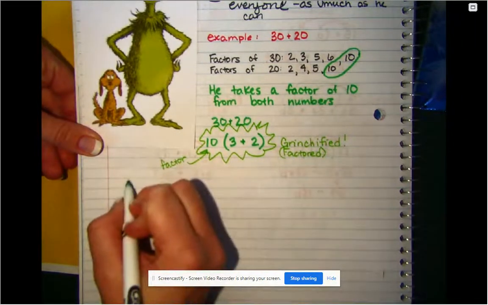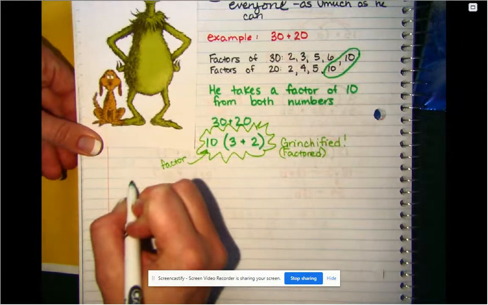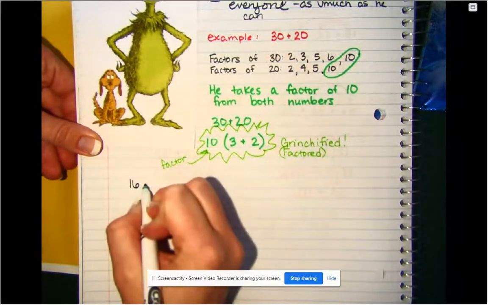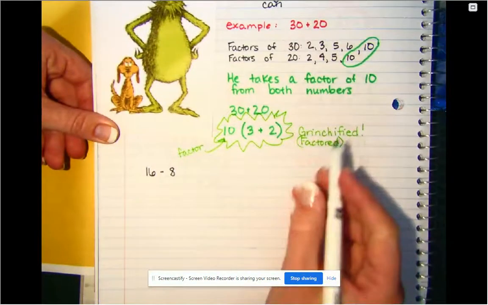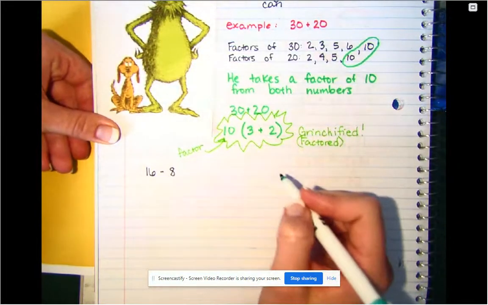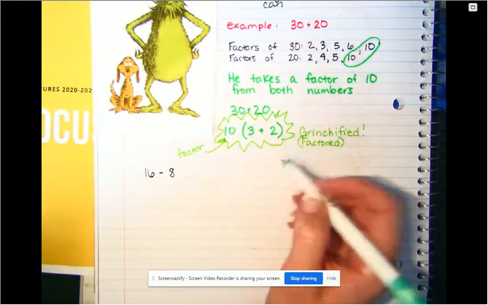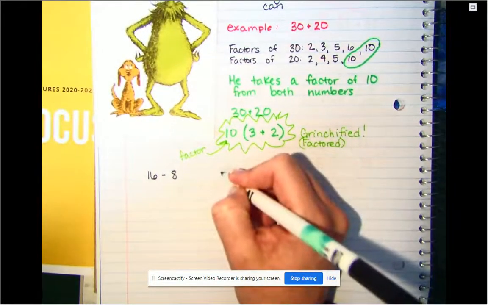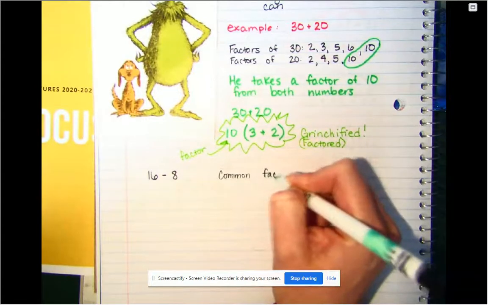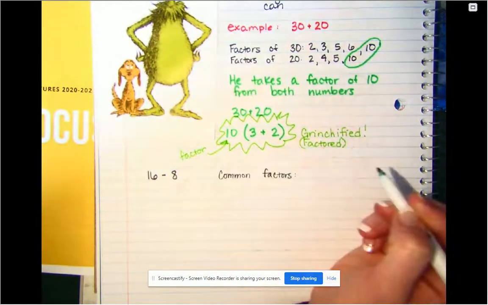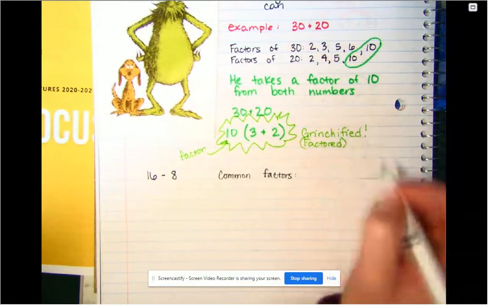Okay, let's say we have 16 minus 8. So the Grinch is going to take as much as he can, and first of all, they have many common factors. This is why we did this in chapter 2, because I'm so brilliant, I knew you'd need this.